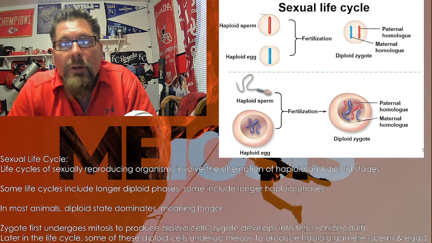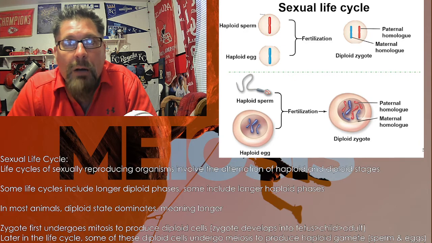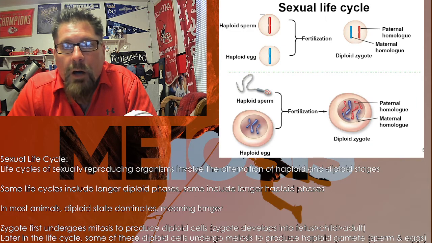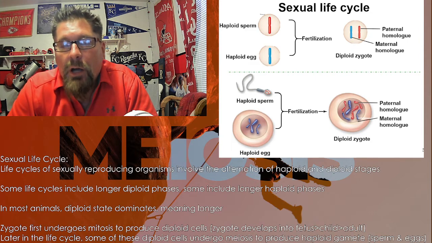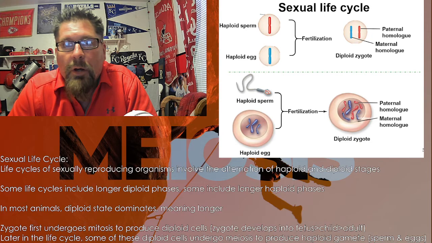You have, in organisms, things that are classified as diploid dominant, haploid dominant, and that just simply refers to what's the major length of time that the organism spends in that generation. And for us, we understand that we're diploid dominant.